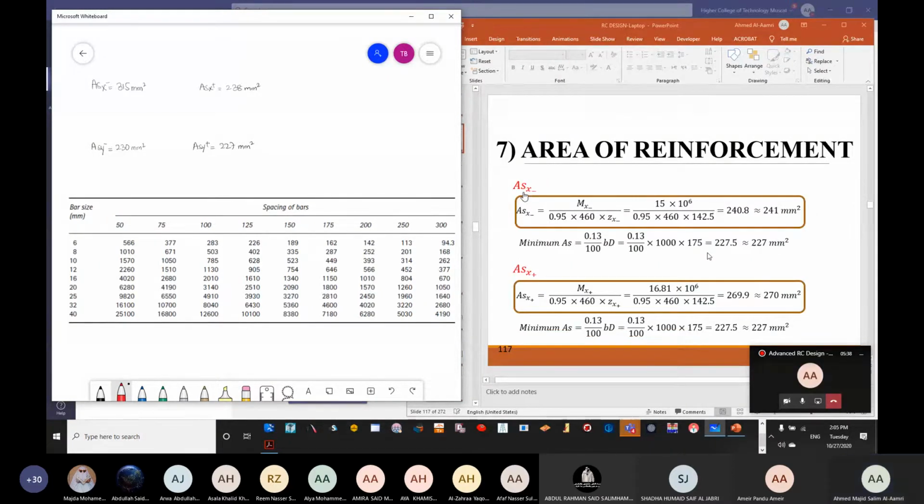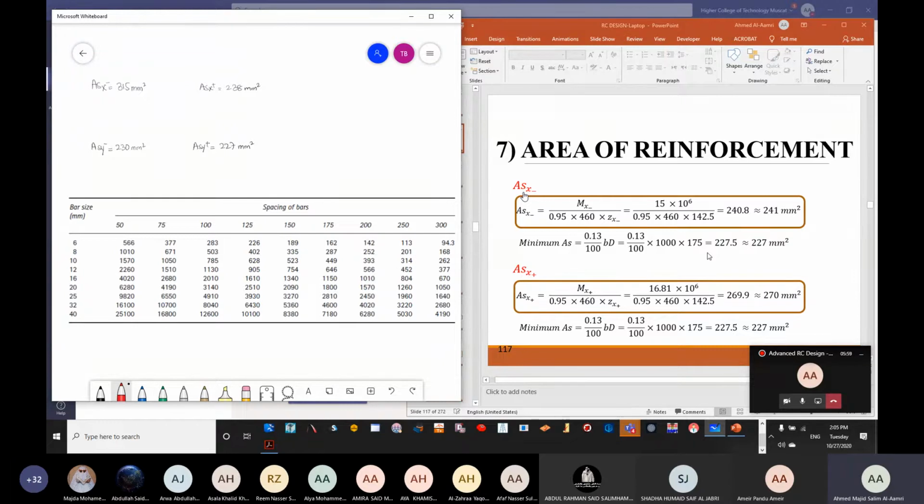Now, when it comes to AS, whatever we have found is something called AS required. That is the required area of reinforcement based on the bending.